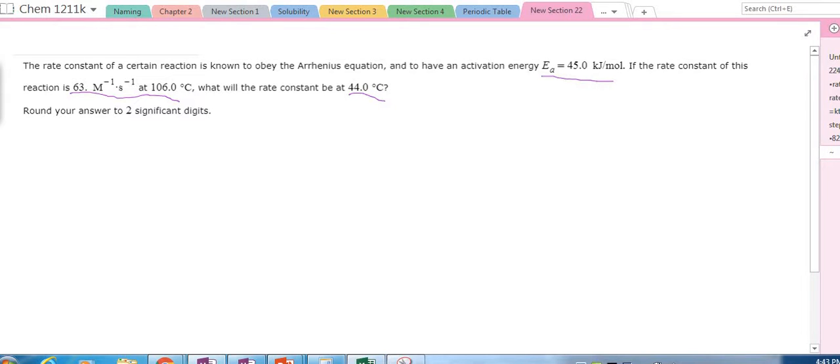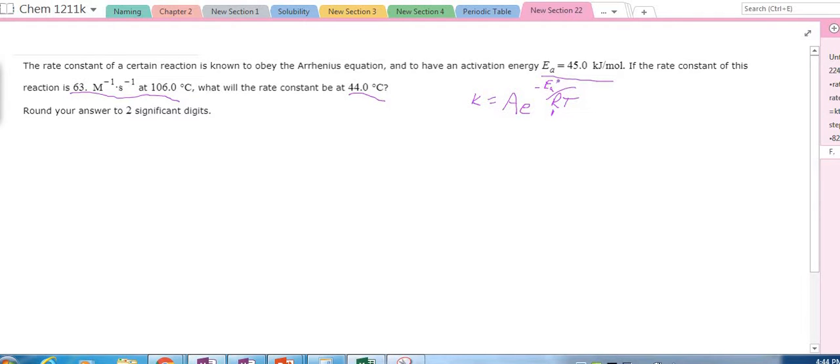Okay, well, the Arrhenius equation states that the rate constant is equal to some frequency factor A multiplied by E raised to the minus EA divided by RT, where R is a constant.